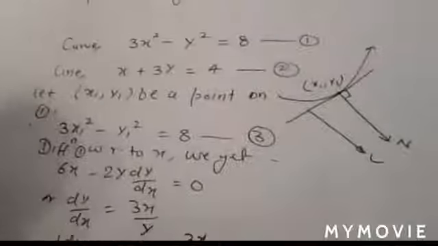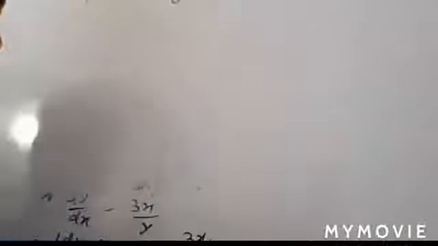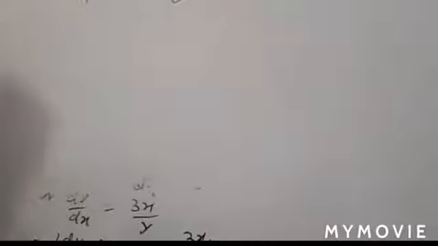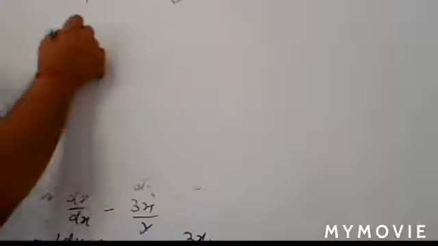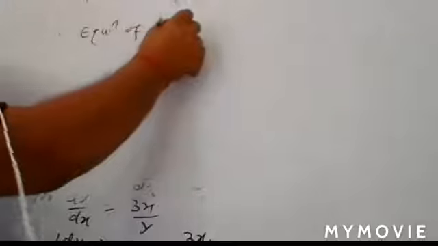So you write, hence equation of normal at, your first point is 2, 2. Equation of normal at 2, 2 is y minus y1.